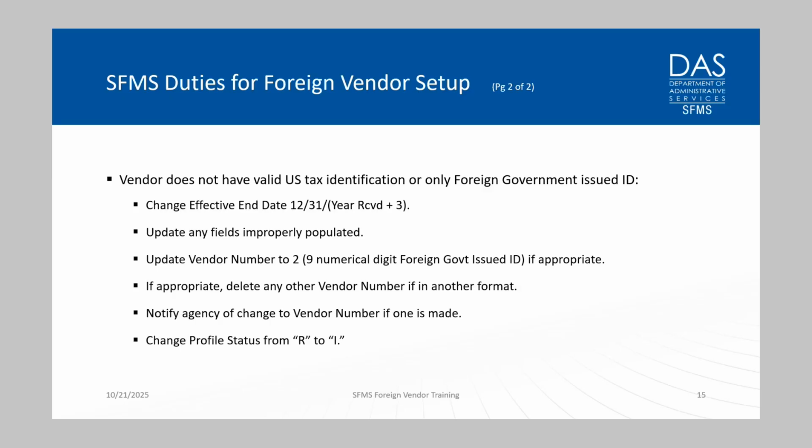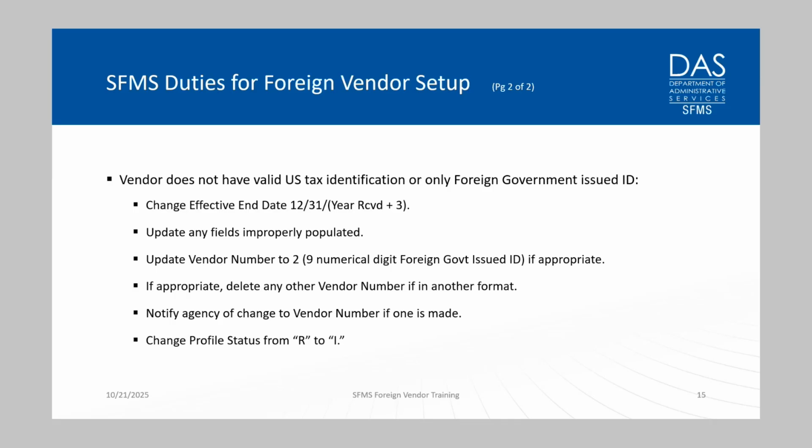Yes, I used my fingers to count. Update any fields improperly populated again. We update the vendor number to 2 and a 9-digit foreign vendor issued ID if appropriate. We assume because you're taking this training, you're going to know that there are no alpha characters allowed and you're going to do the best you can within that 2 plus 9-digit foreign vendor ID.